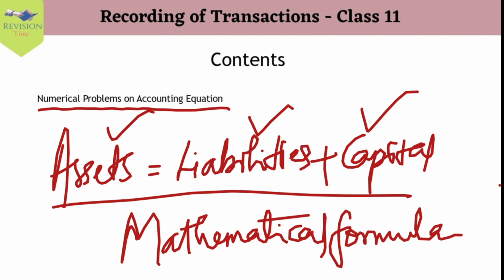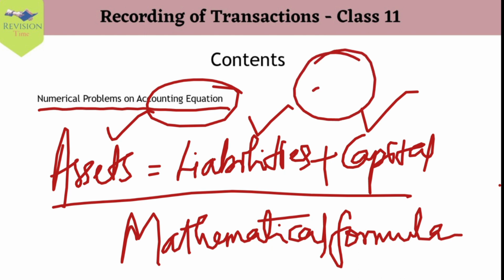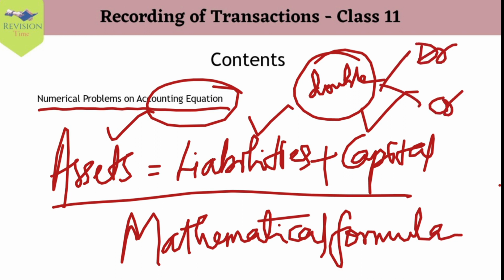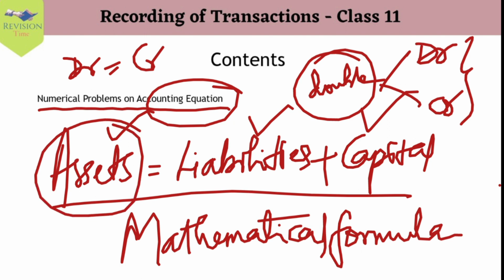This accounting equation is a foundation of our double entry system of accounting. We have studied that double entry system of accounting states that every transaction has twofold effect, that is debit and credit. So our accounting equation is nothing but total of debits of company is equal to total of credits of company. Accounting equation: assets is equal to liabilities plus capital.